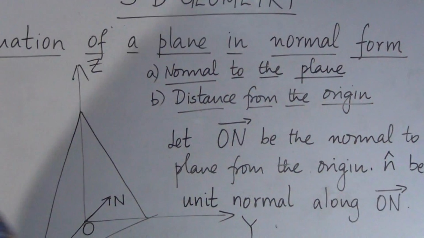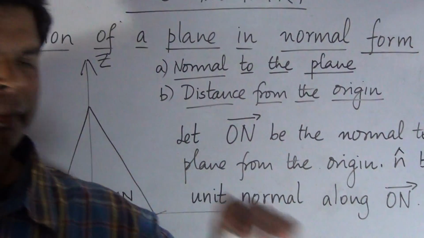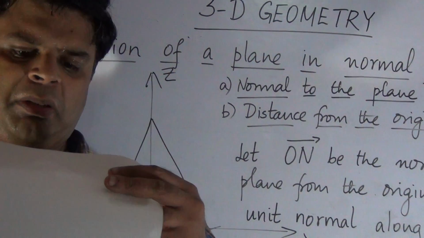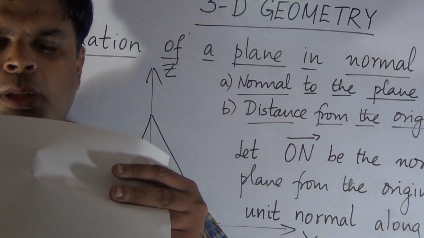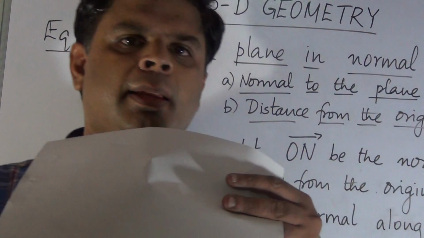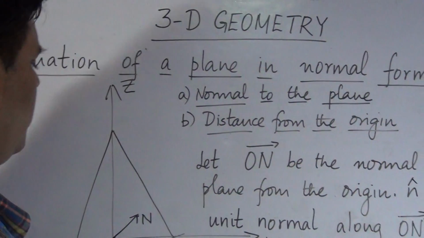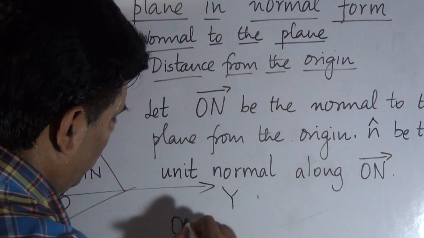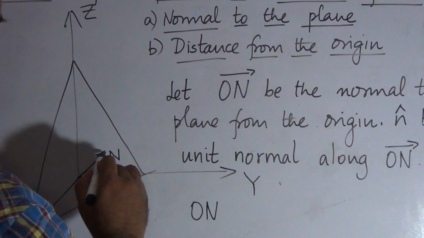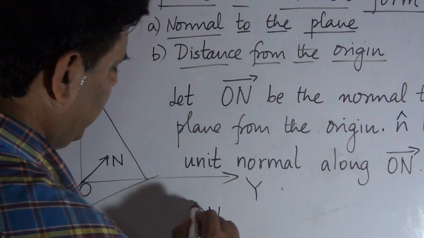Since this plane is at a distance, let us say from the origin, the distance of this plane is d, then what can I do? Here is ON, it comes and touches this plane here.